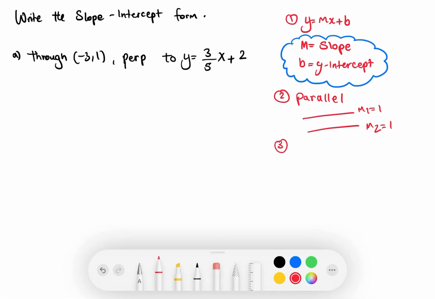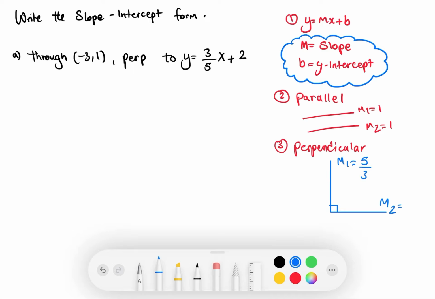The third and final information is that if two lines are perpendicular, so basically like this, first of all, the angle between them is 90 degrees. Perpendicular means 90 degrees. Secondly, if the slope of this line, for example, is 5 over 3, the slope of the other line is the negative reciprocal of the first line, right?